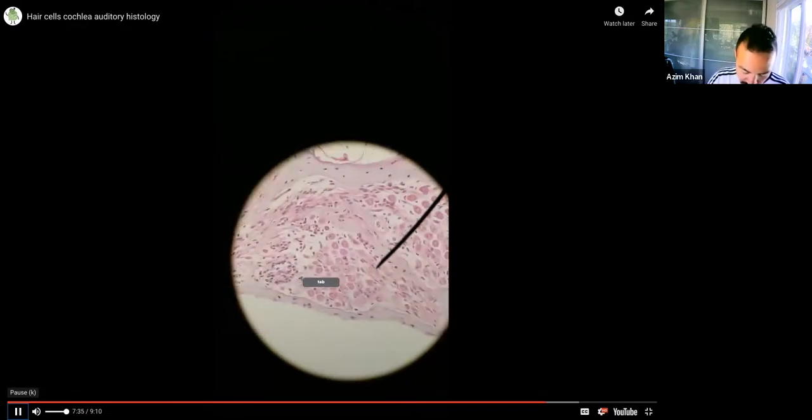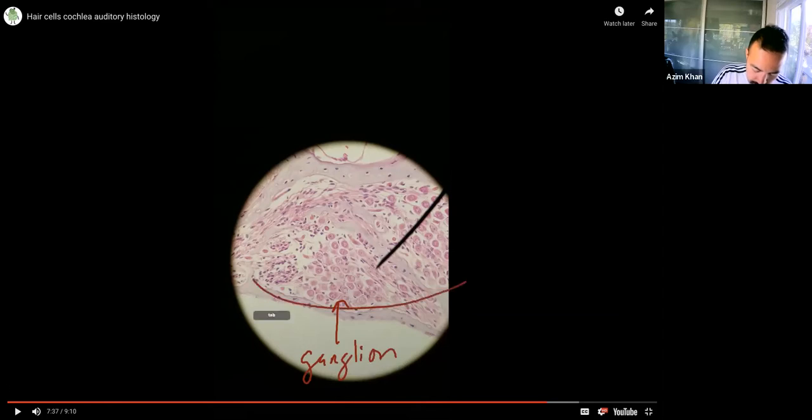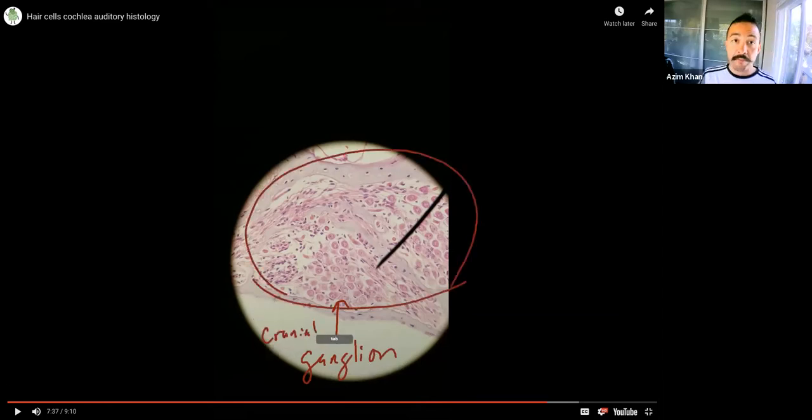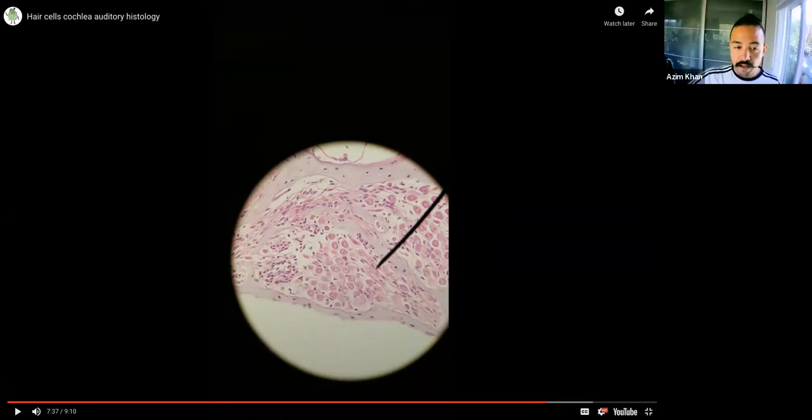And then if we move over to the right, now we see neuron cell bodies of the ganglion of this cranial ganglion, for bipolar neurons. That's histology of hair cells in the cochlea. We don't have the histology of hair cells in the vestibular organ, but the hair cells would look similar.